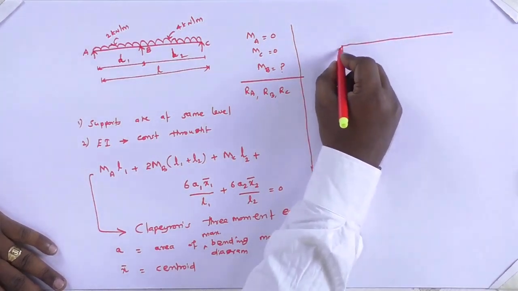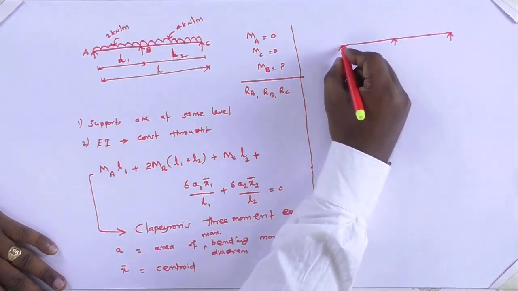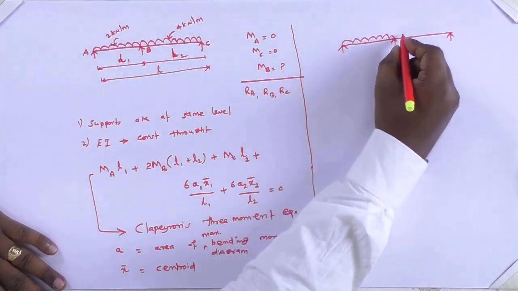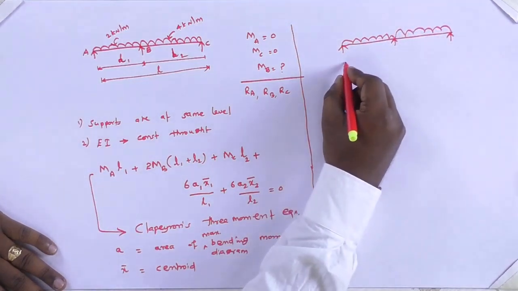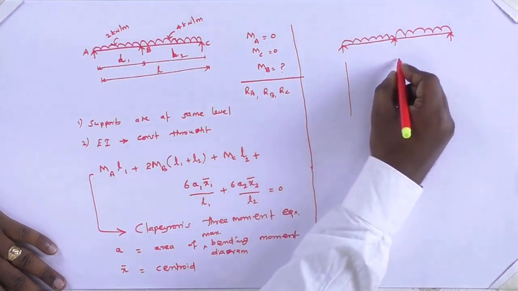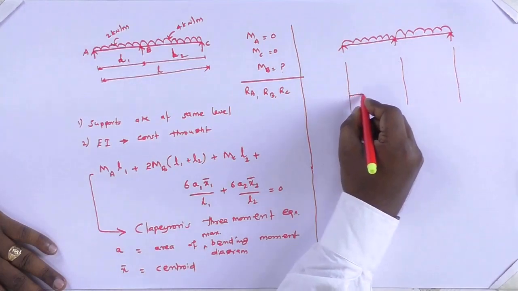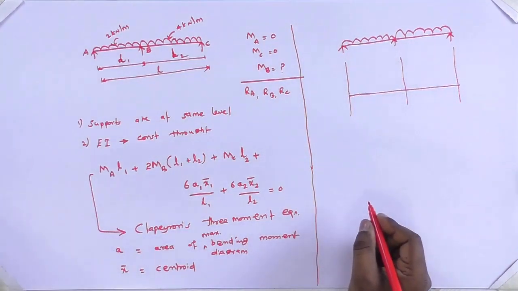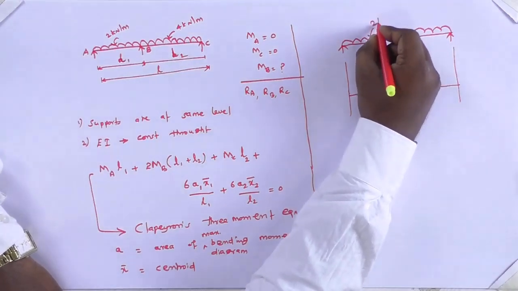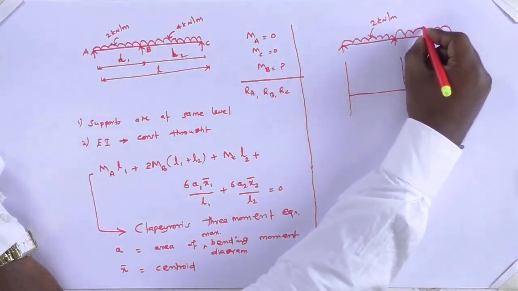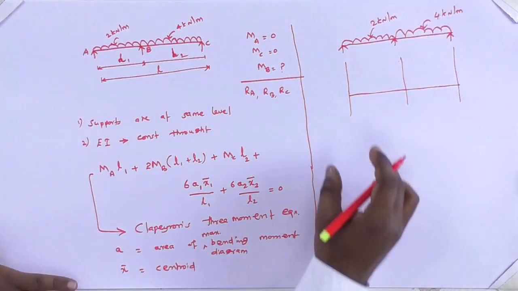Okay, now the same thing I am drawing. So here it is 2 kN per meter, say it is 4 kN per meter. This is a UDL.